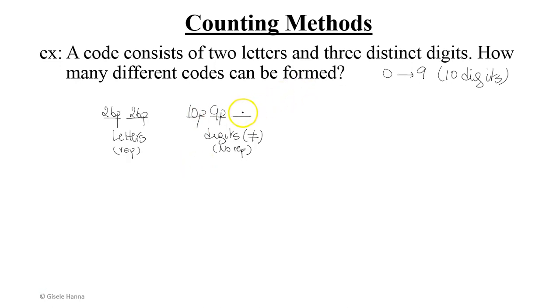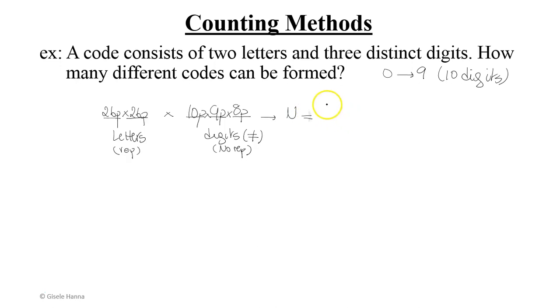However, for the last one, again, since repetition is not allowed, I need to exclude from the 10 digits the 2 I have already chosen for the first 2 digits. So I would have 8 possibilities for the last one. According to the counting principle, we end up multiplying these.